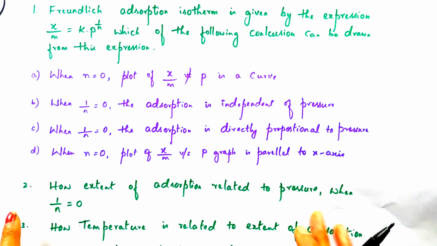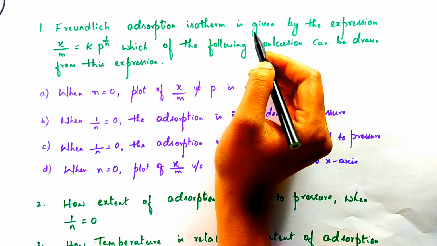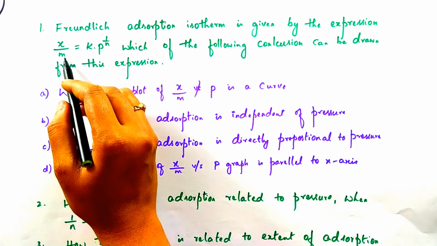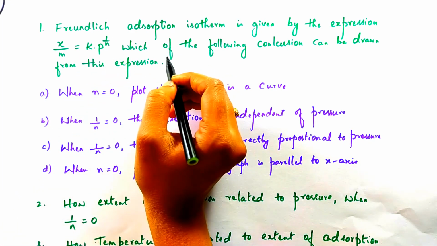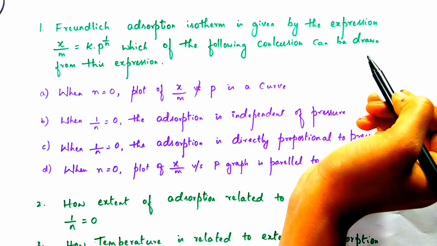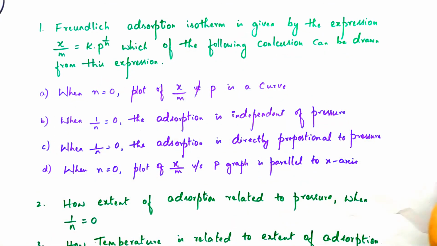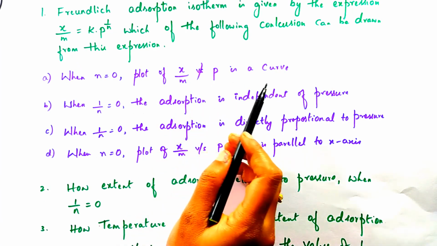The first question: Freundlich adsorption isotherm is given by the expression x by m is equal to k into p to the power of 1 by n. Which of the following conclusions can be drawn from the expression? There are 4 options. When n is equal to 0, the plot of x by m versus p is a curve.